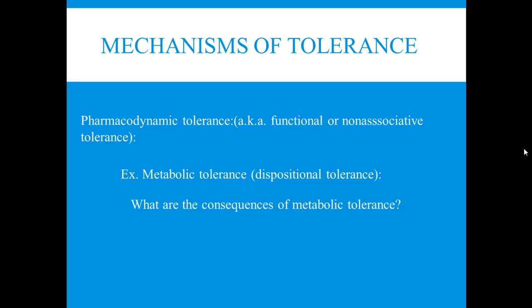Now, let me back up a second, because I said you may say those things sound familiar. Remember we talked about first pass metabolism. First pass metabolism does not have to do with increased enzyme production per se, but metabolism is still metabolism, that you're breaking down drugs. With first pass metabolism, you're breaking down some before it gets to where it needs to go. So less drug is going to reach the site of action, not going to have the desired effect. You're going to need more.